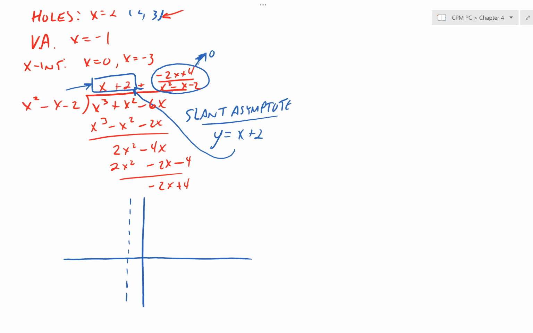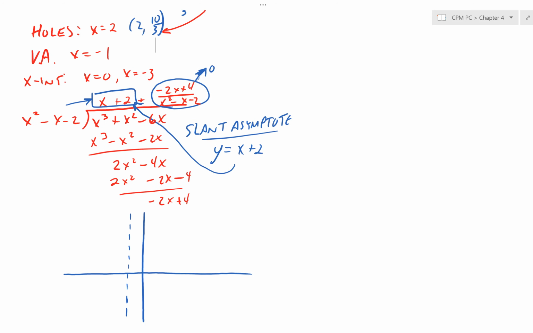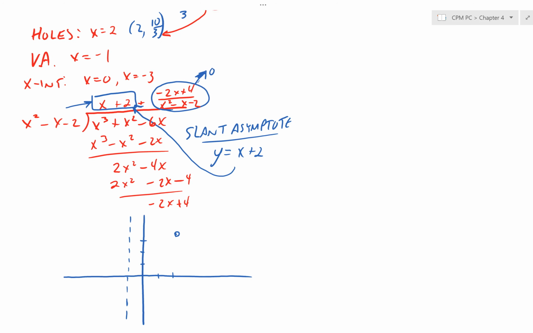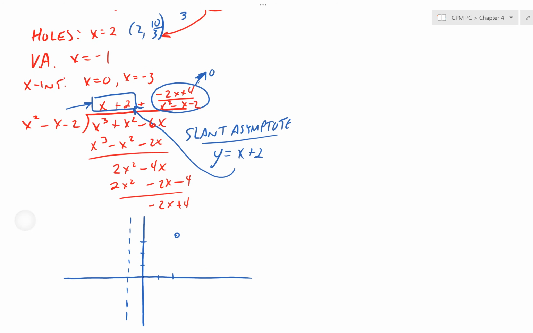So now we know our hole not only occurs at 2, it occurs at (2, 10/3), which is a little bit more than 3. So there's a hole right there. And then we also have x-intercepts at 0 and 3, so there's an x-intercept there and an x-intercept there.